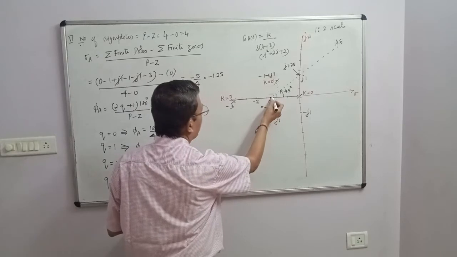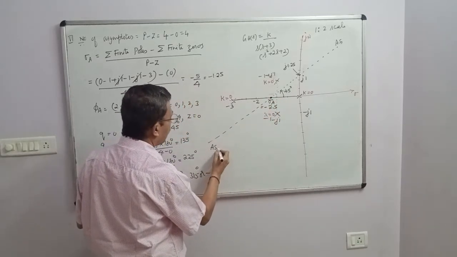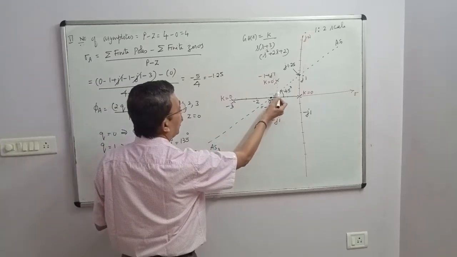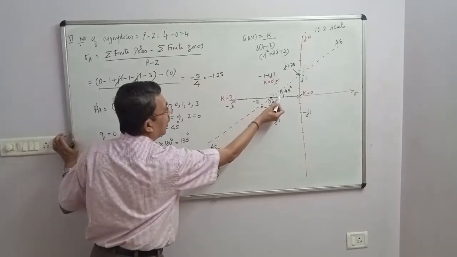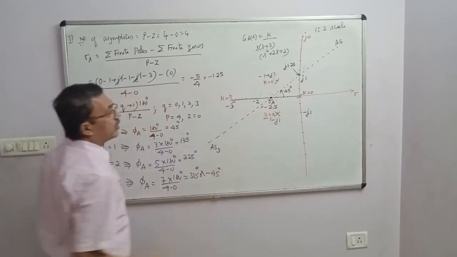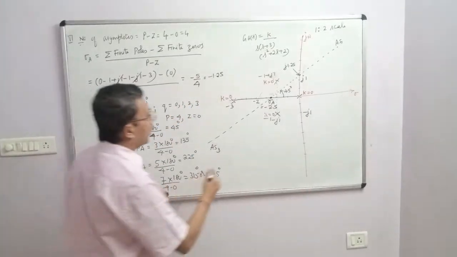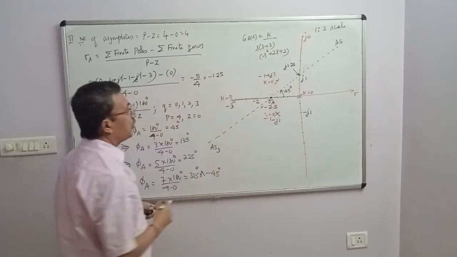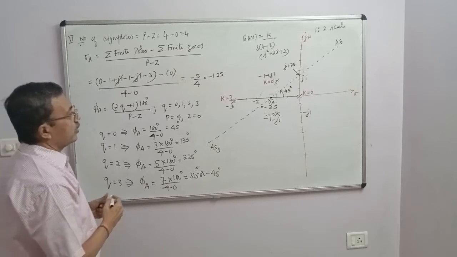Similarly, if you produce this line backwards, you get asymptote number 3. The angle made by this asymptote will be 225 degrees. Writing so many things on the board will make it very cumbersome. This line makes an angle of 225 degrees with respect to the negative real axis.